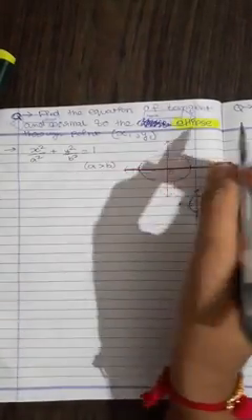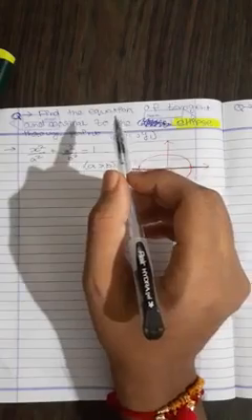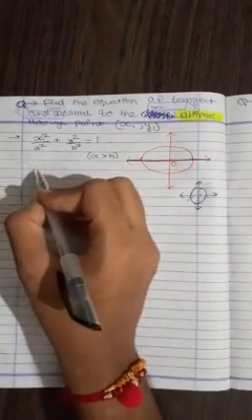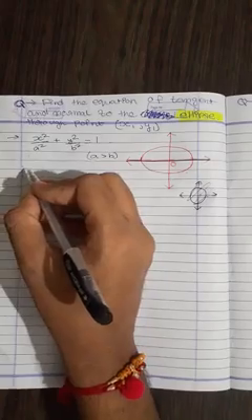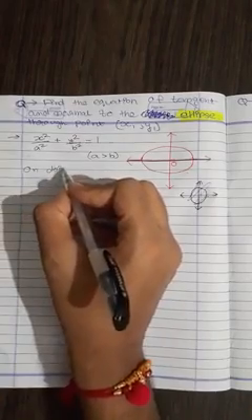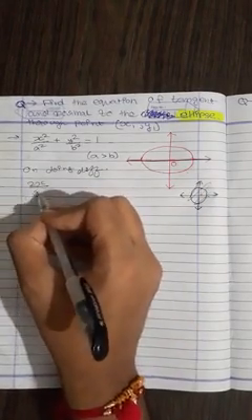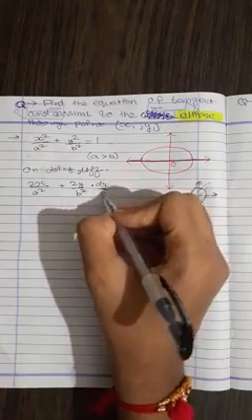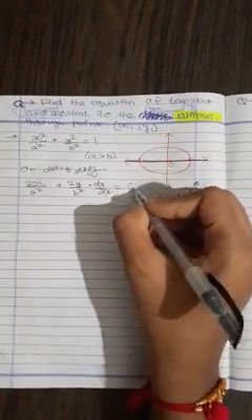Now in order to get the equation of tangent or of normal, I should know the slope. The slope can be found by differentiating the given equation. On differentiating LHS and RHS, we get 2x upon a square plus 2y upon b square dot dy by dx is equal to the differentiation of 1, that is a constant, so 0.